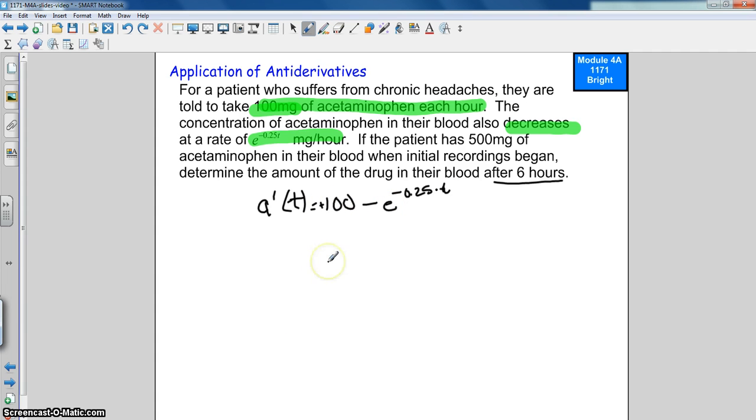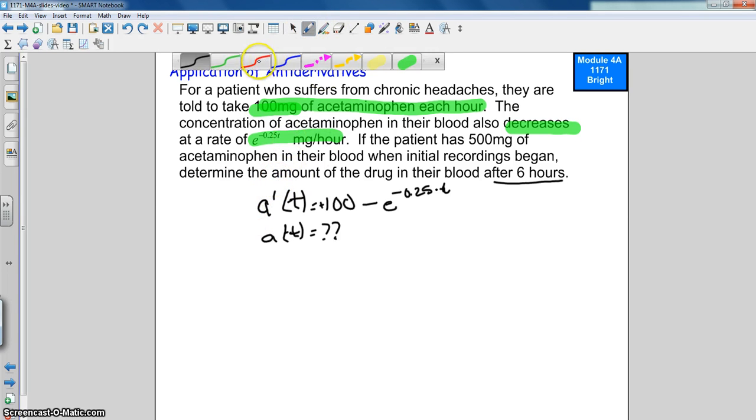Okay, well, if we want to know what A of t is equal to, and I know the rate of change, remember at the beginning of this entire module that we can determine the amount of a quantity from its rate of change by using an integral.